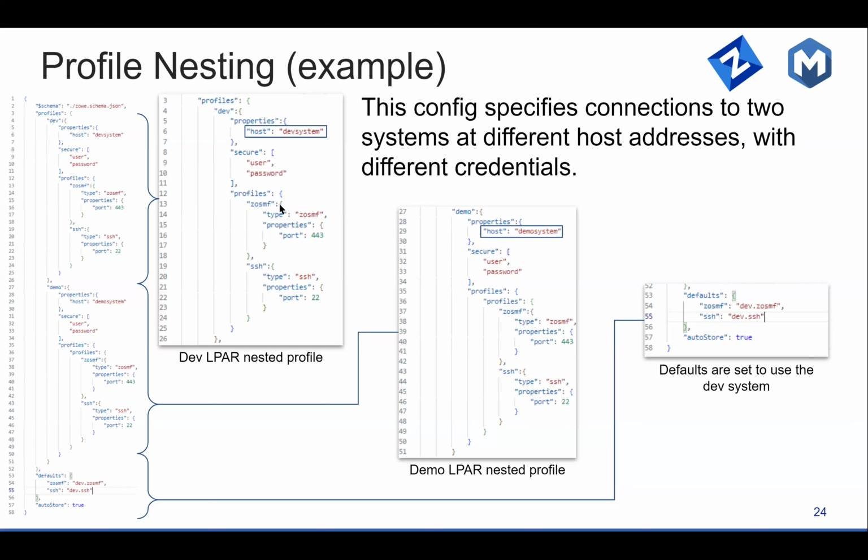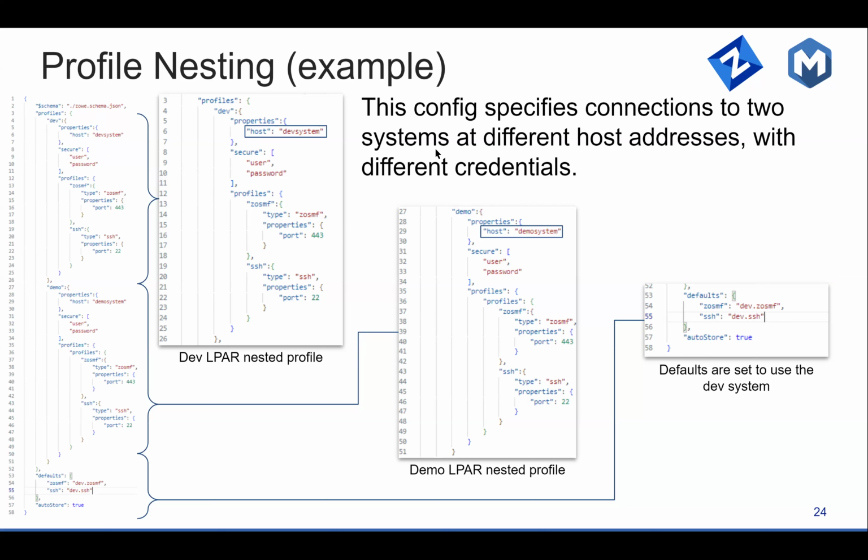We go to different hosts. If I was using a base profile, well, in fact, in this case, you wouldn't be able to use a base profile because the hosts are different, the credentials are different. Really, nesting is the answer for this use case.